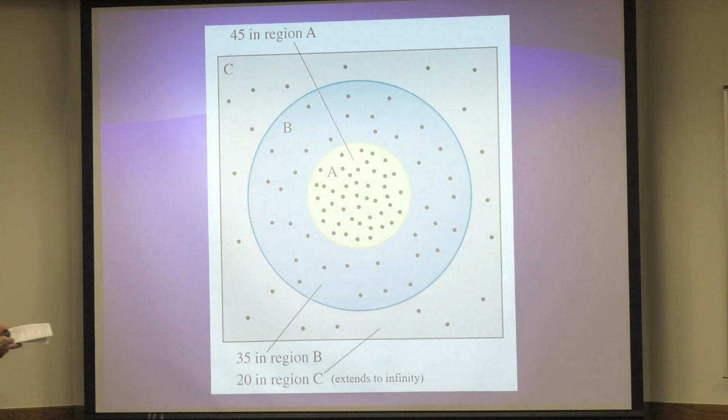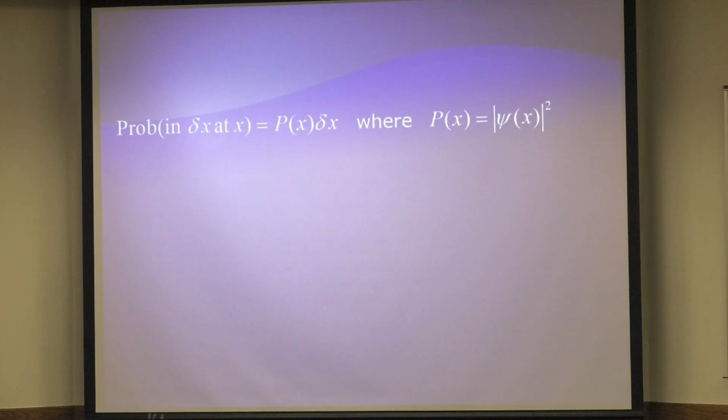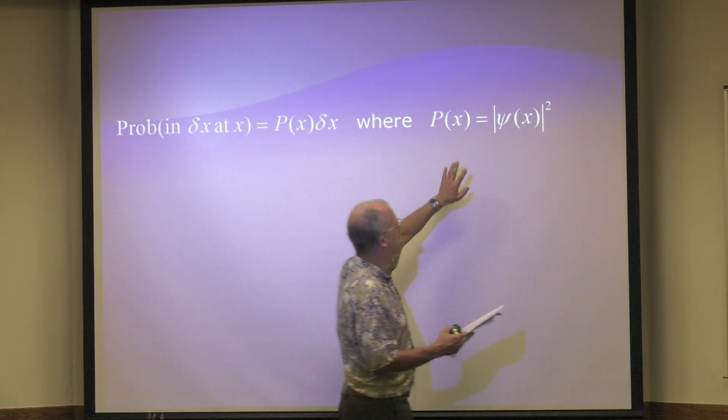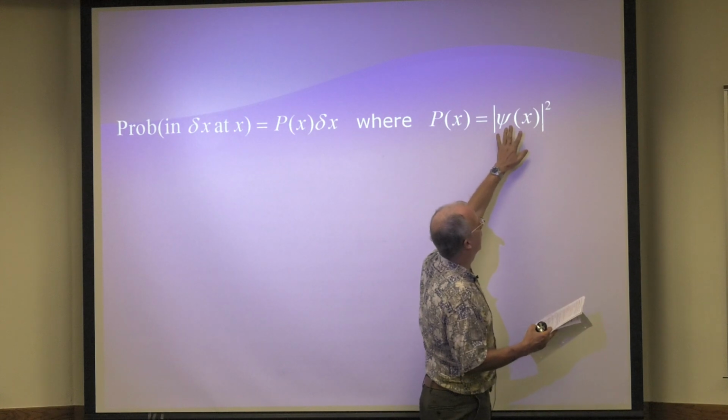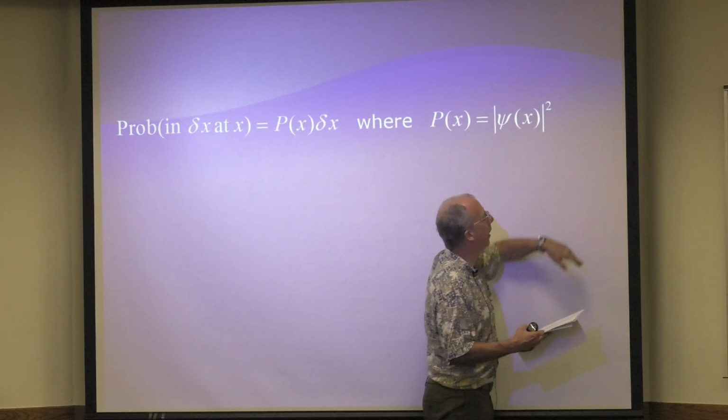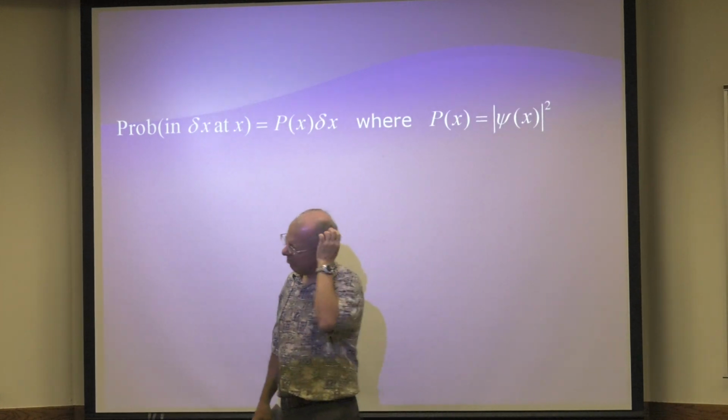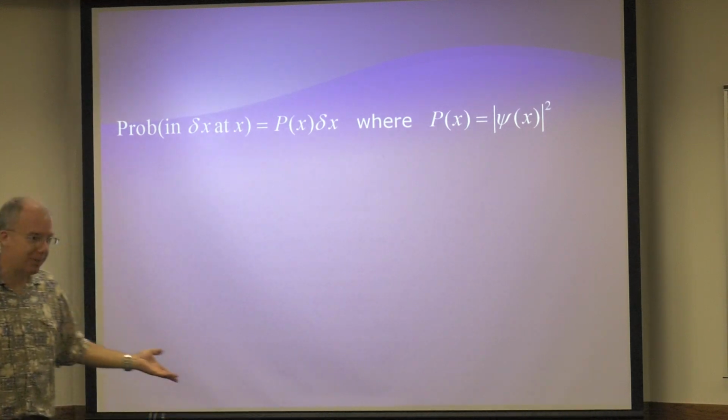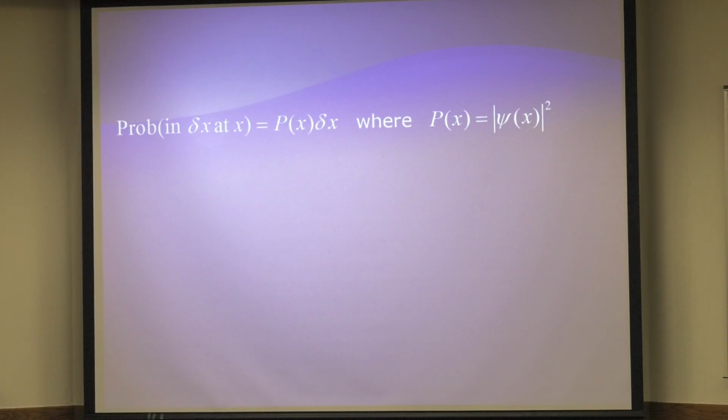What we want to do here is say that the probability that the electron lands somewhere is 1. That makes sense, right? It has to land somewhere.